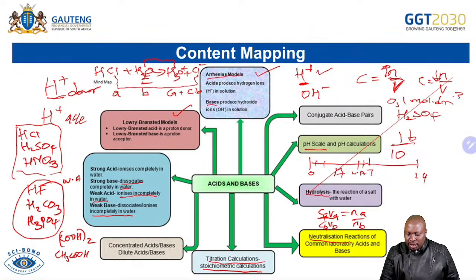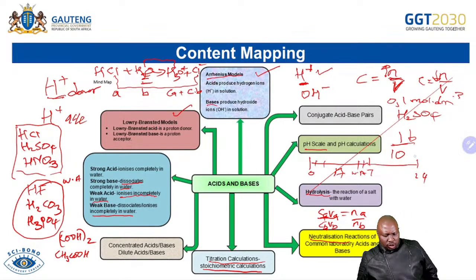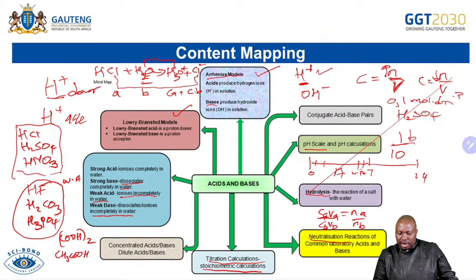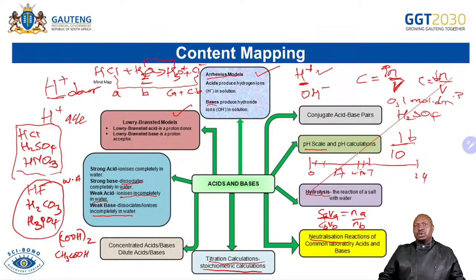That's where you will find your weak acids, your hydrogen fluoride, your carbonic acid, around a pH of 5 or 6. The strong acid, your HCl, you'll find around a pH of 1 or 2, and then your sulfuric acid and nitric acid, because those are strong acids. So strong acids have a lower pH, but weak acids have a pH closer to 7.